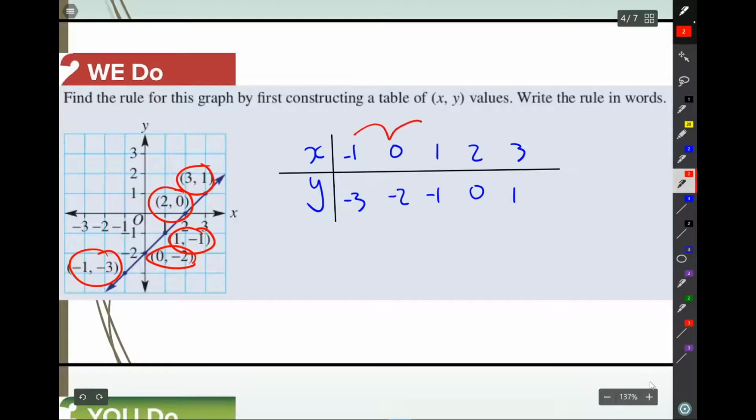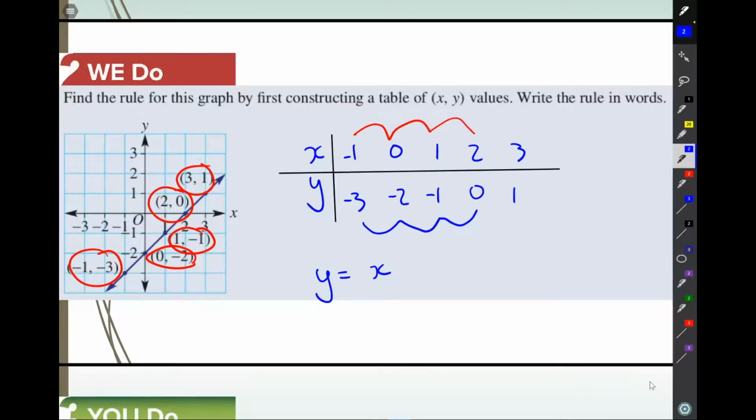Now we'll check. These are increasing by 1, so we're happy there. These are also increasing by 1, so our equation is going to look like this. Remember, when we have a 1 in front of the x, we actually don't write the 1. As mathematicians, we can get kind of lazy sometimes. And now we look for our point where x equals 0. We can see it also over here as the y-intercept. And our y value there is minus 2. So that's our rule for this graph.